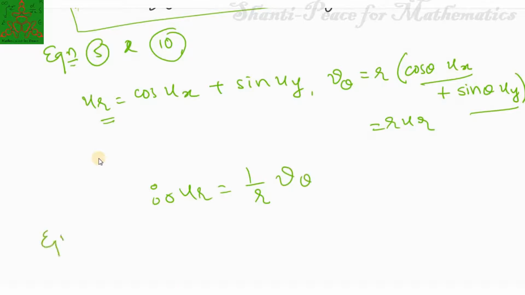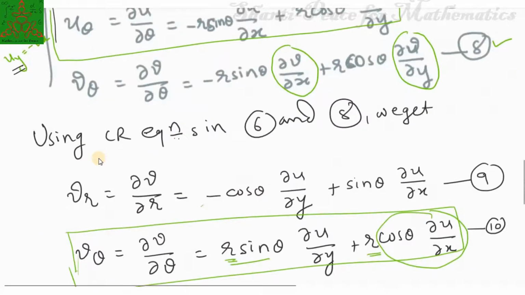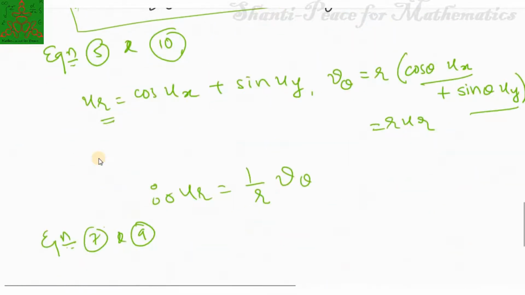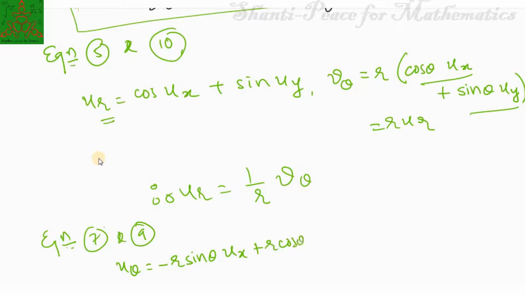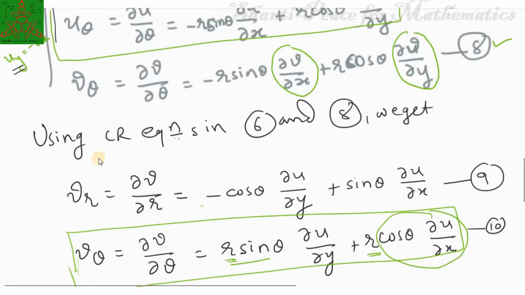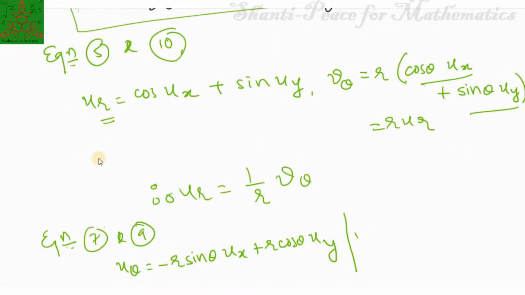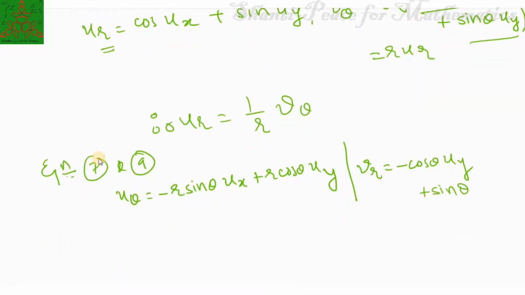Now just see equations 7 and 9. Equation 7 is u theta equal to minus r sin theta ux plus r cos theta uy. And equation 9 is Vr equal to minus cos theta uy plus sin theta ux.